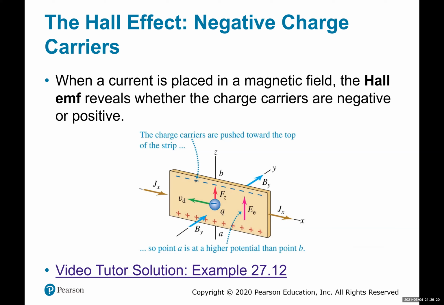The total average current density, J sub x, along the x-axis in the picture, is constant on average. But it might be locally different if, for example, all the electrons that were carrying the current were preferentially close to the top side of this strip.